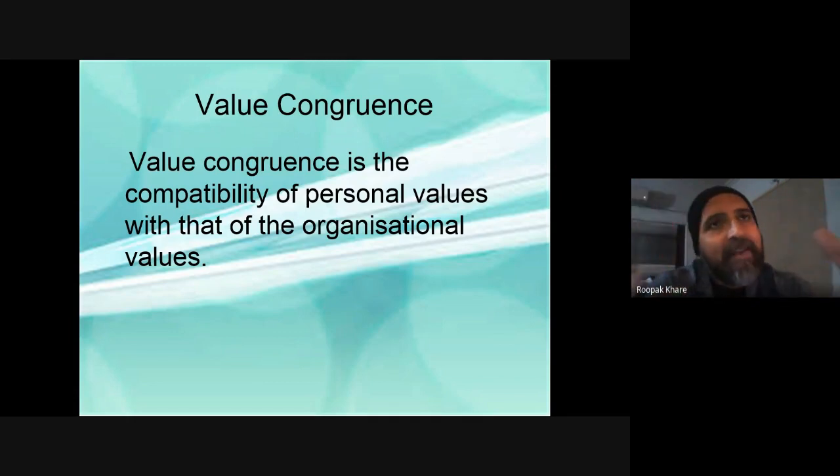So every company has its ethical set of rules that they follow, right? Ethical rules. While every individual also has his own rules and regulations, his own belief systems, his own list of ethics. So when you work in a company, when your rules, your ethics match those of the company, it is called value congruence.